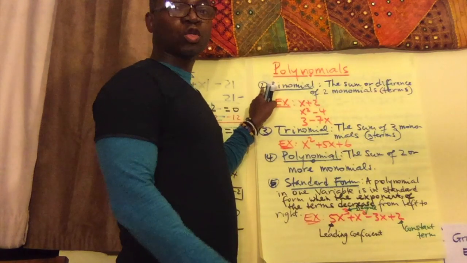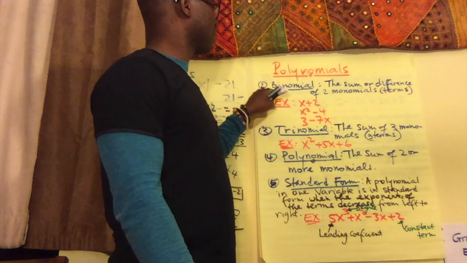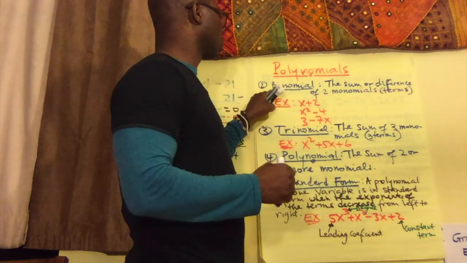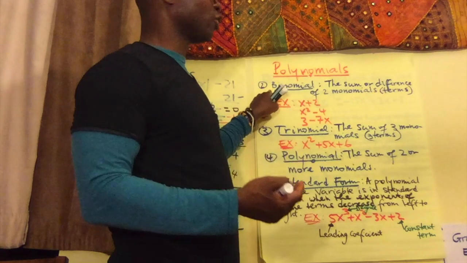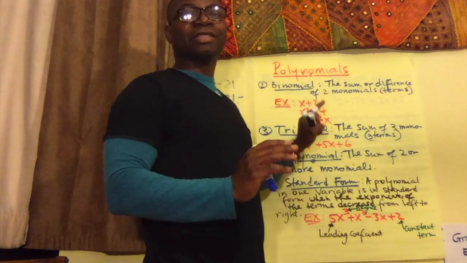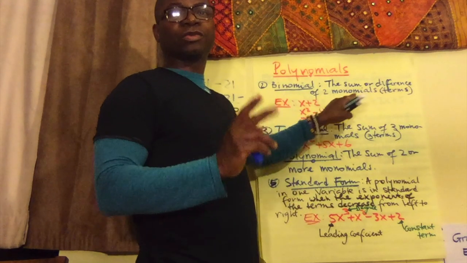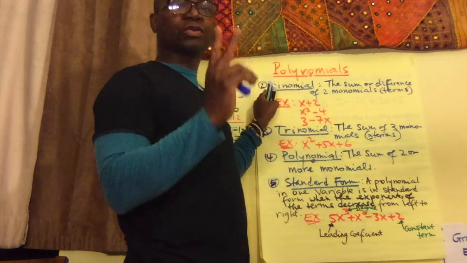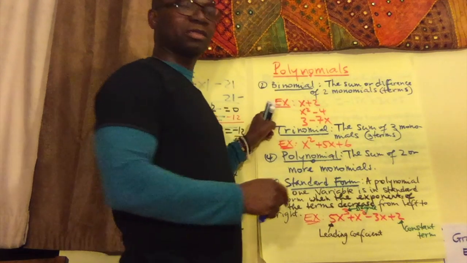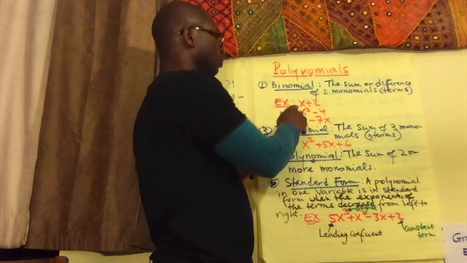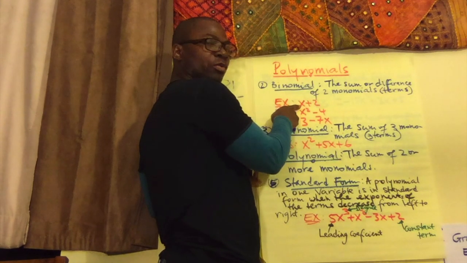Number 1 was monomial. Number 2, binomial. What is a binomial? It's the sum or difference of two monomials, two terms. Bi means 2. As an example, x plus 2. That's a binomial. It has two monomials. x is a monomial, 2 is a monomial.